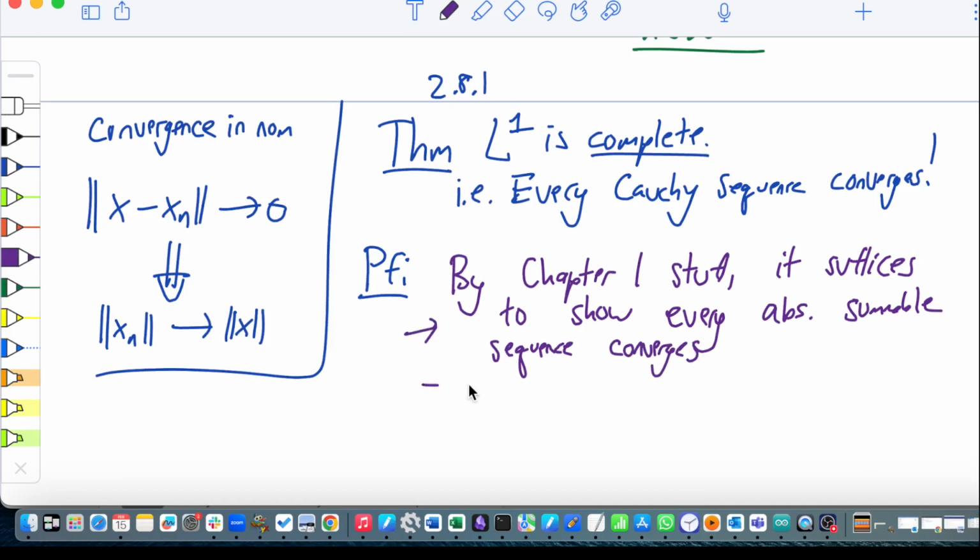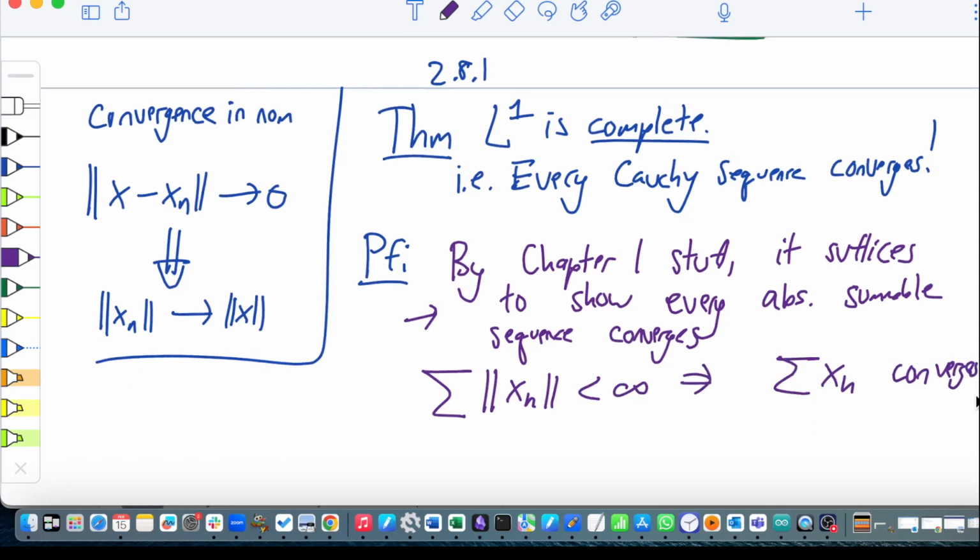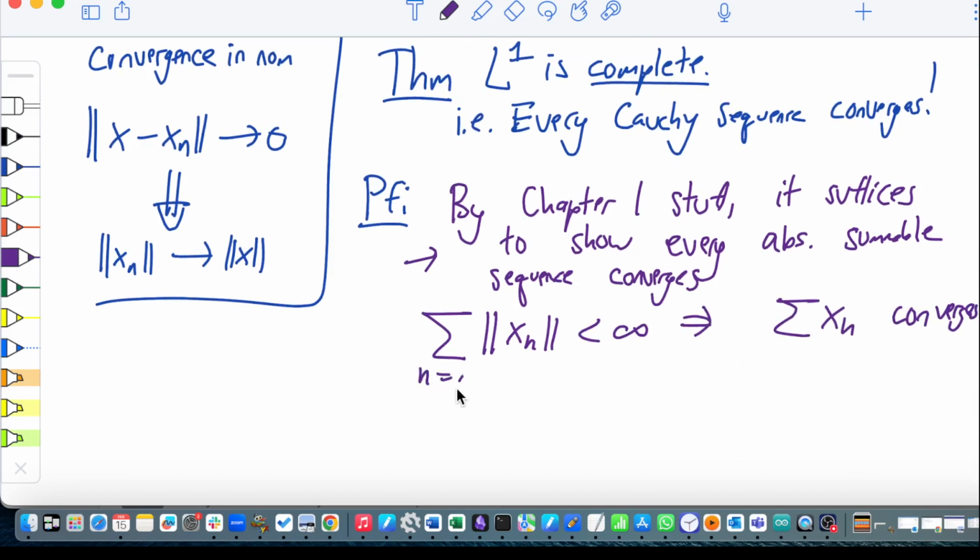So if you want to prove it's complete, you just got to look at sequences where the sum of the norms of the xn's, if that is finite, that implies the sum of the xn's converges in norm. This is what we proved last time. But of course, we're working in L1, so instead of writing xn's, let's write f's.